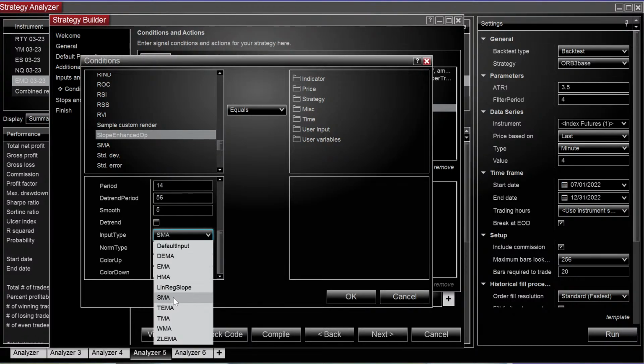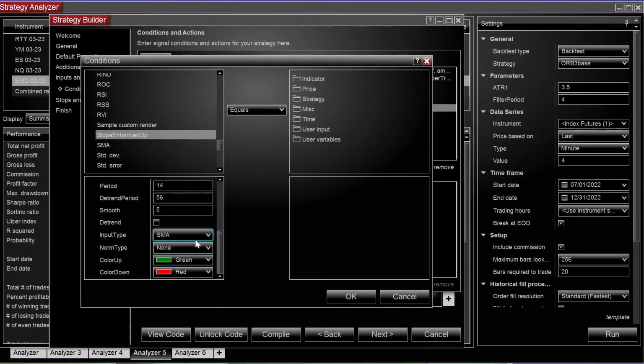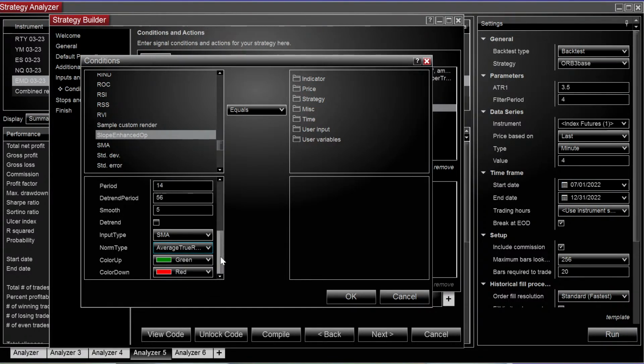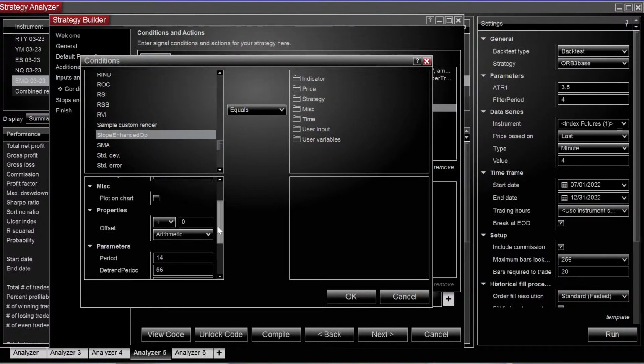As I was telling Rock, if someone could add the VWAP as an input type on here, I don't think it'd be too hard to see how the formula is put in for these and just add the VWAP. I'm just going to use the SMA for right now. Normalization type. Love how it gives multiple options, but we're just going to keep it to the ATR because it doesn't really matter what the normalization is, just as long as it is normalized.